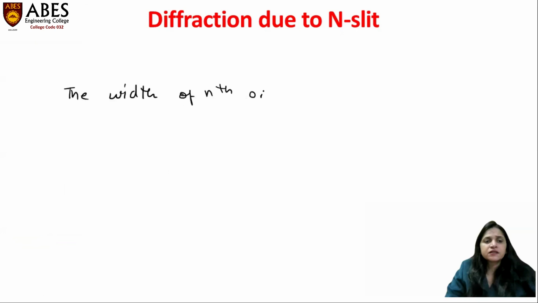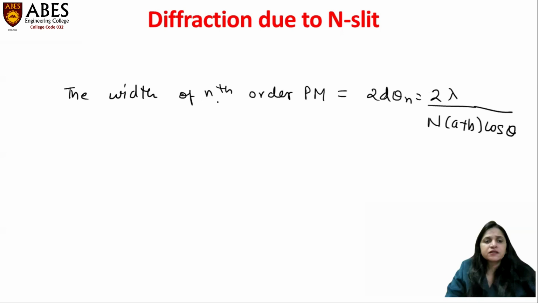Width of the nth order principal maxima in n slit will be given by 2d theta n is equals to 2 lambda upon n a plus b cos theta. So from this formula, what we can understand is that the width of the principal maxima is depending on lambda, the number of slits, the grating element, and the angle theta.